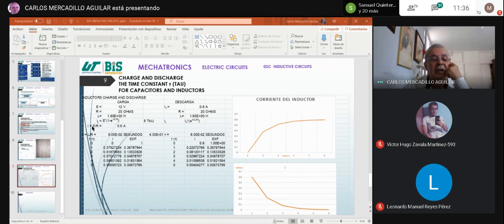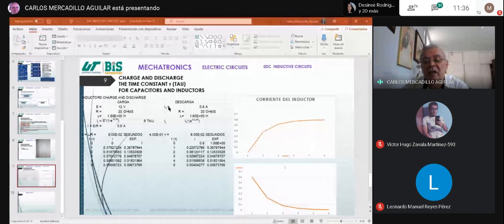You know, the steady state value of current is E divided by R. So 12 divided by 20 is 0.6 amperes. Okay, so I will charge here from 0 to 0.6. It comes from 0 to 0.59595.